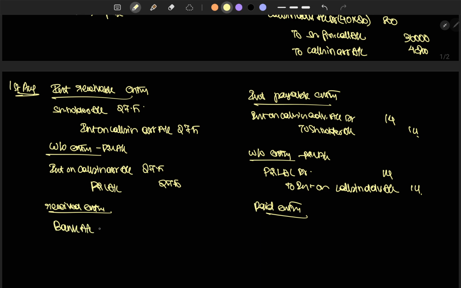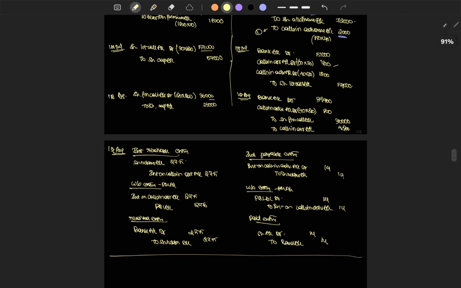Bank account debit to shareholder, from where it came, 27.5 came. And we have paid to whom? To the shareholder account debit to bank account, which is 14. That's it. I hope you guys have understood.